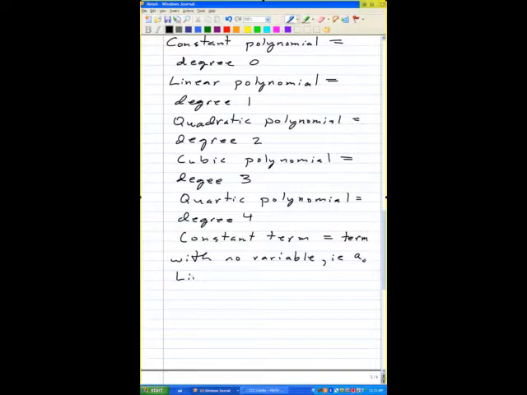The linear term was a term with the variable, and so in the above it was a1x.